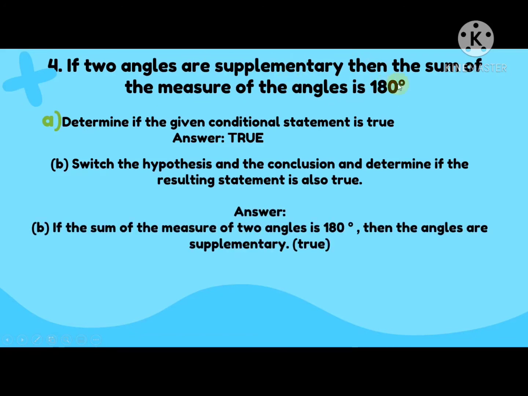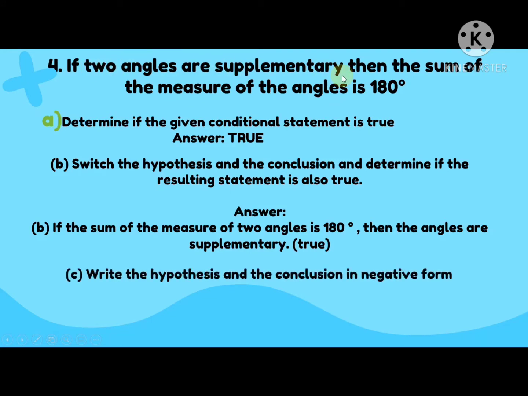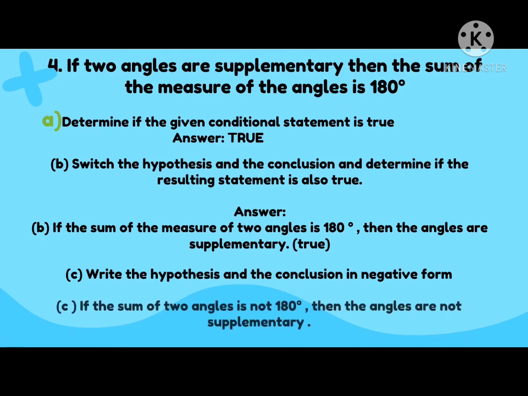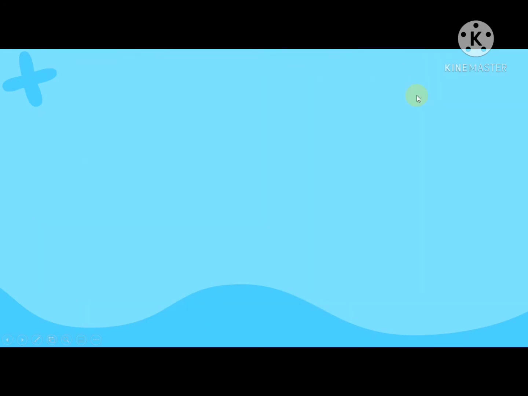If the sum of the measures of two angles is 180 degrees, then the angles are supplementary. Or write it in negative form: if the sum of two angles is not 180 degrees, then the angles are not supplementary.